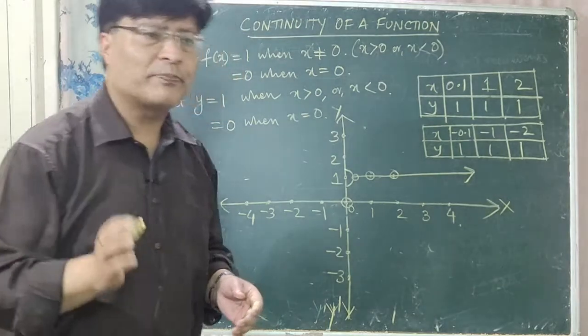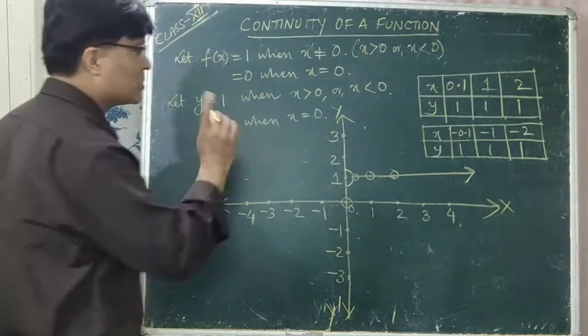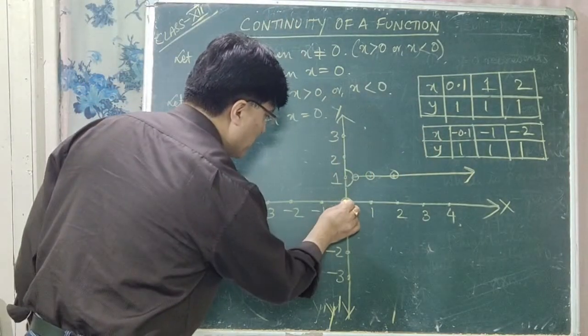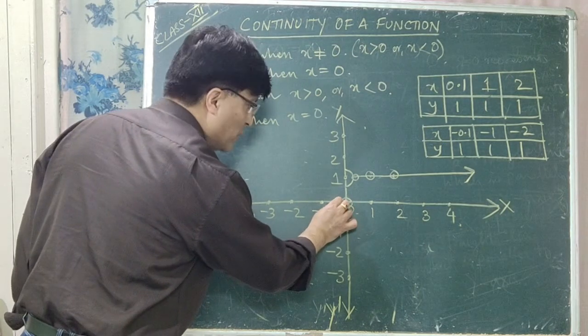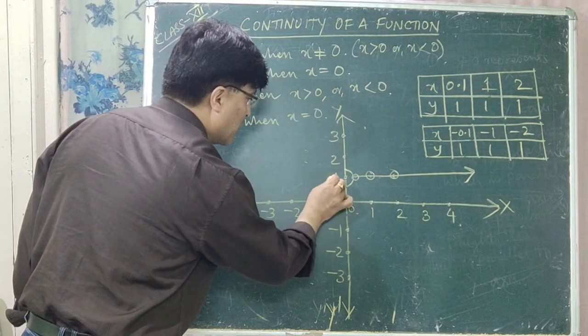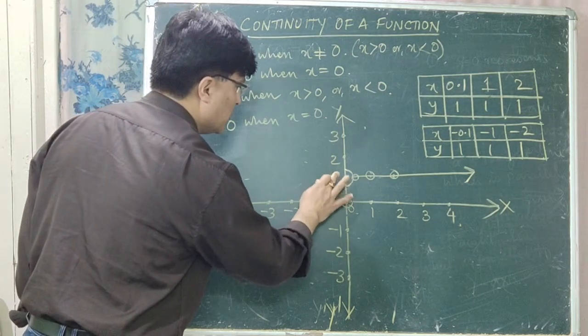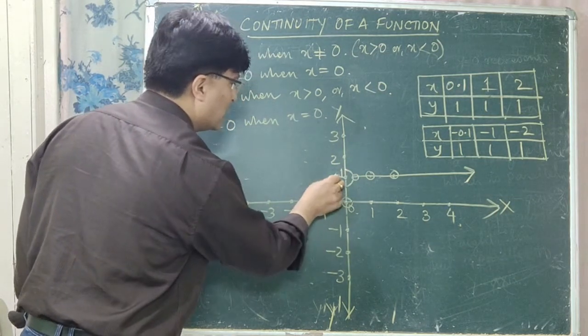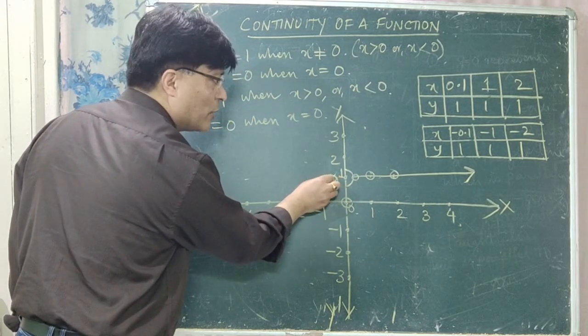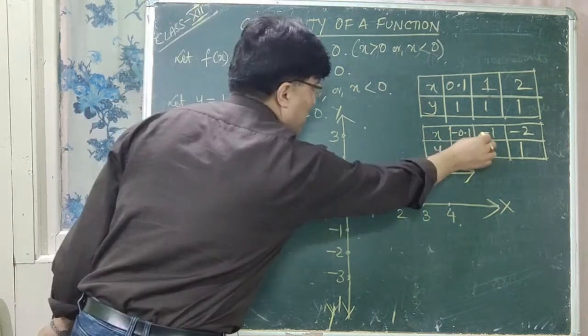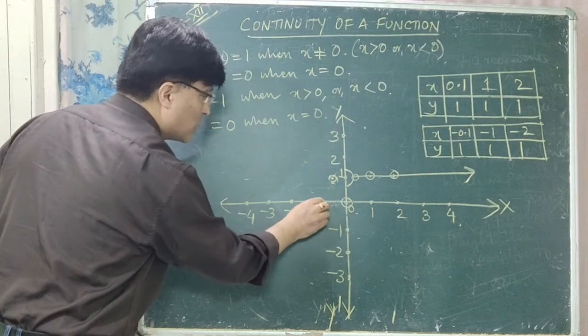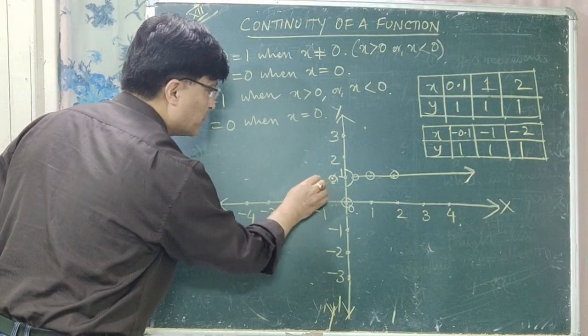Is that clear now? So next, what will you do here? Let us draw the graph of this table. Minus 0.1 goes out here, comma 1. This point is minus 0.1 comma 1. Then comes minus 1 comma 1, minus 1 comes out here, 1 goes out here.